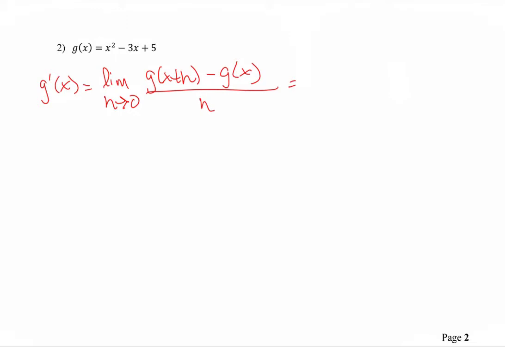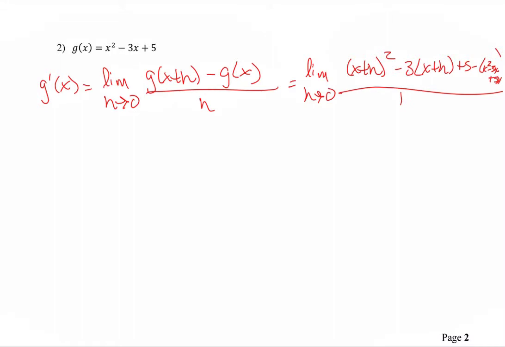To apply this, I find the limit as h goes to 0 of x plus h squared minus 3 times x plus h plus 5 minus parentheses x squared minus 3x plus 5 all over h.